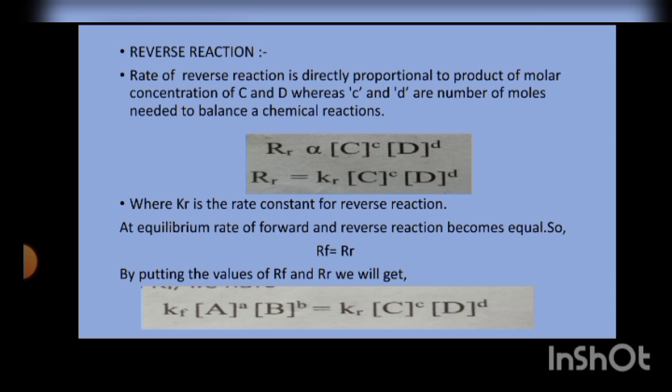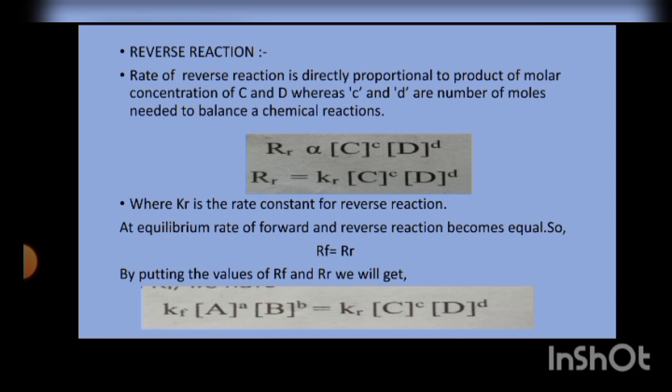So Rr, the rate of the reverse reaction, is directly related to the molar concentration of the product C, with its number of moles c, and D with its number of moles d.